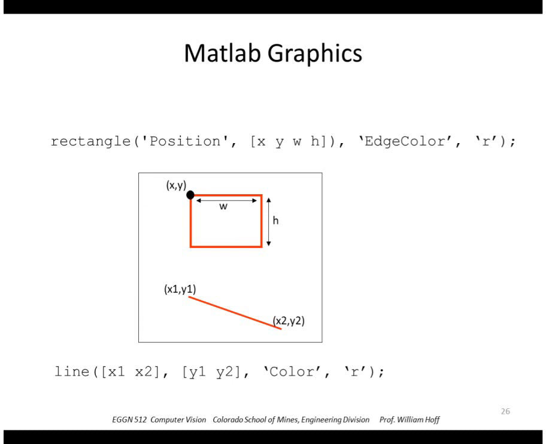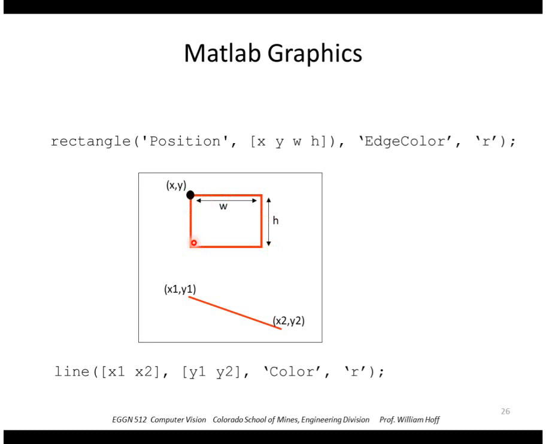And you can also give options such as the color of the border. You can also draw lines in MATLAB which connect two endpoints, x1, y1, x2, y2. So you give the starting and ending x coordinates, then the starting and ending y coordinates.